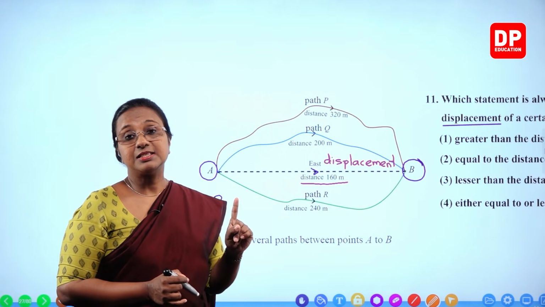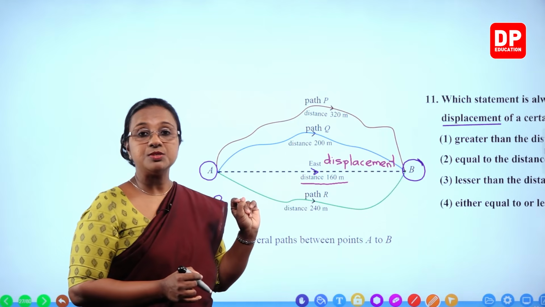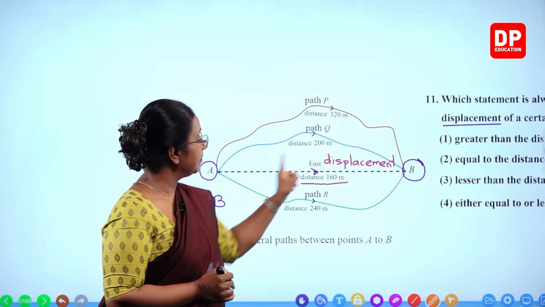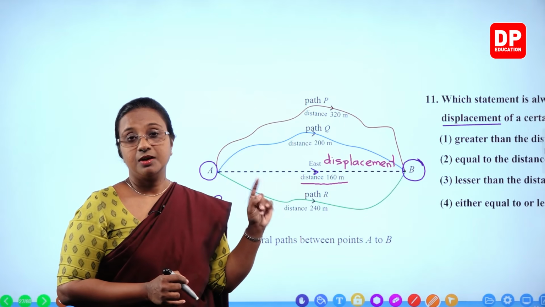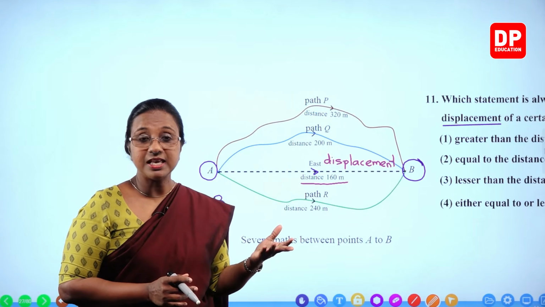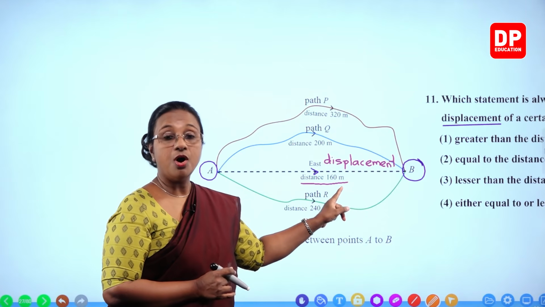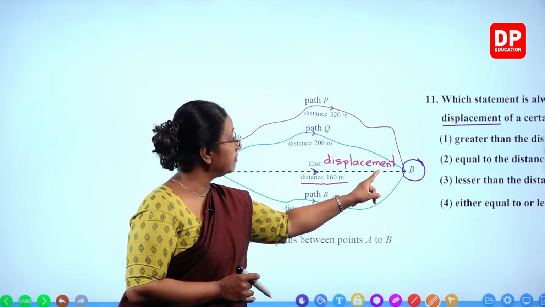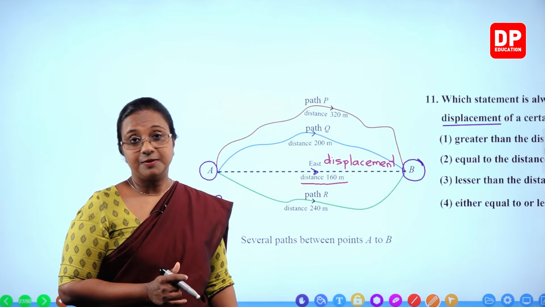So the distance can either be equal to the displacement or the distance will be greater than the displacement. Or in other words, the displacement can be equal to the distance or the displacement can be shorter than the distance. Is that clear?